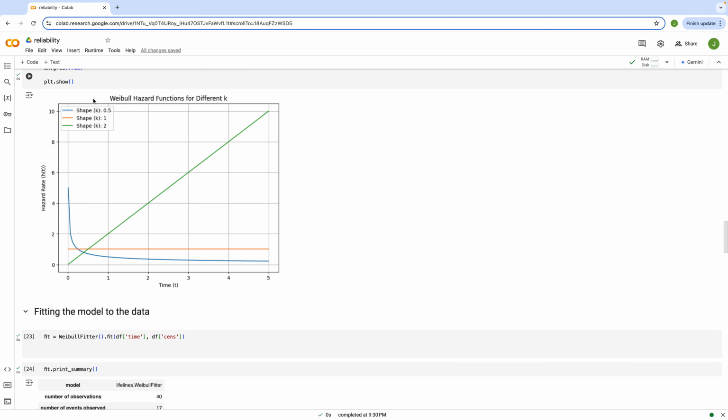Then if the parameter k is less than 1, like 0.5, it follows this blue hazard curve, for example, and the hazard starts to decrease. So that's a quality of a well-built product. It's more likely to fail early, when it's just installed or starts to work.